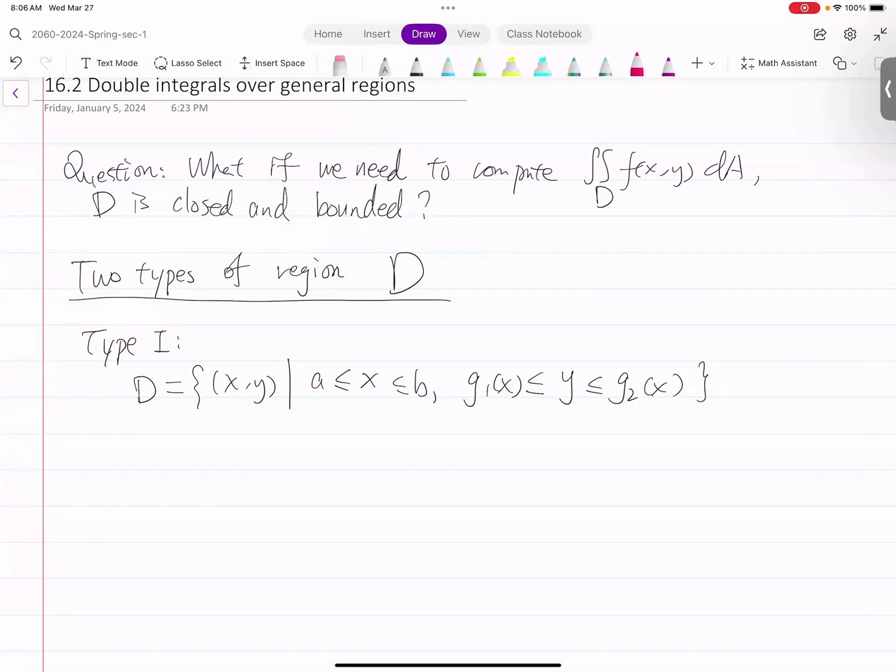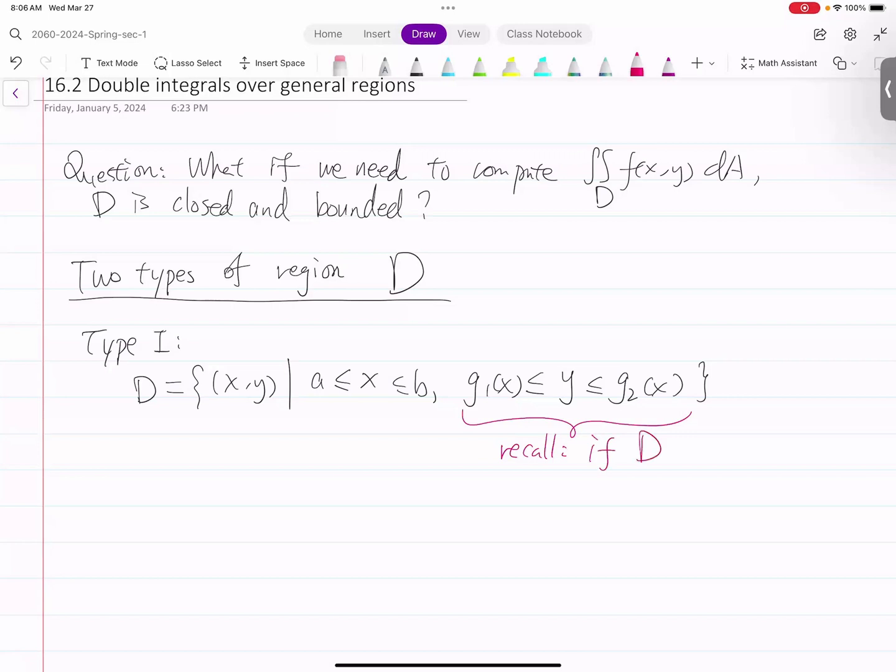This is a generalization of the previous section: for a rectangle, we have x between a and b and y between c and d. Here we just replace the constant lower and upper bounds by functions.